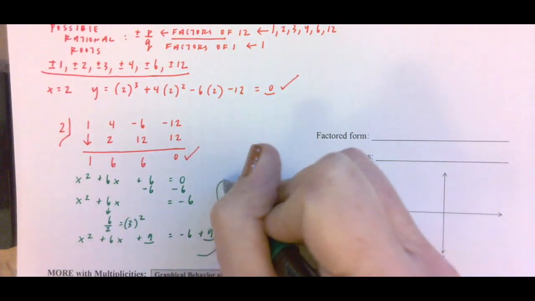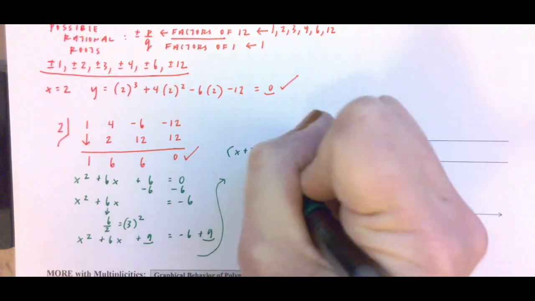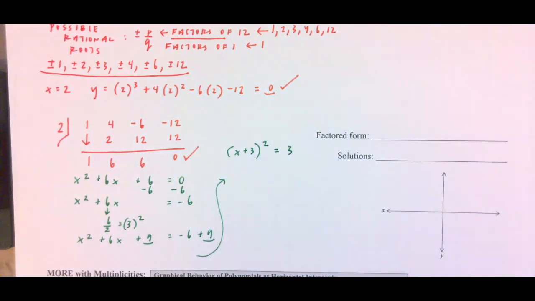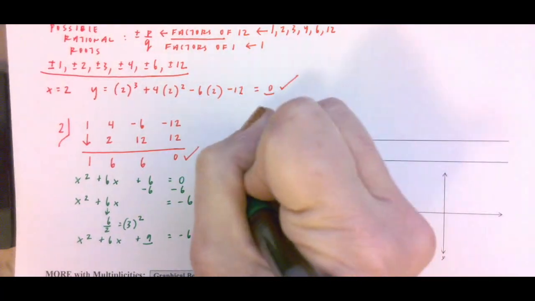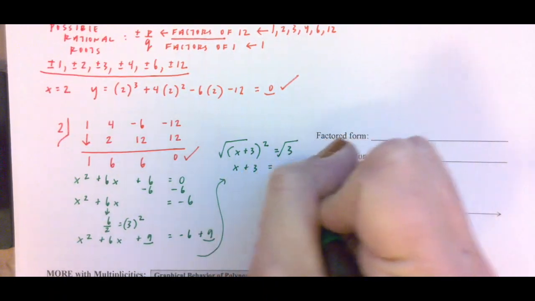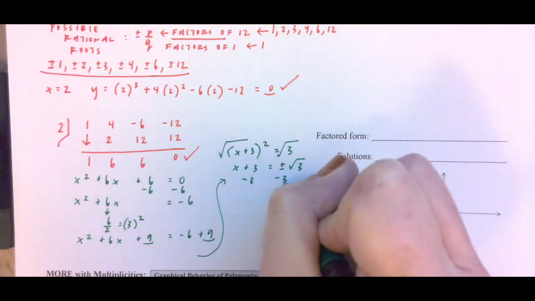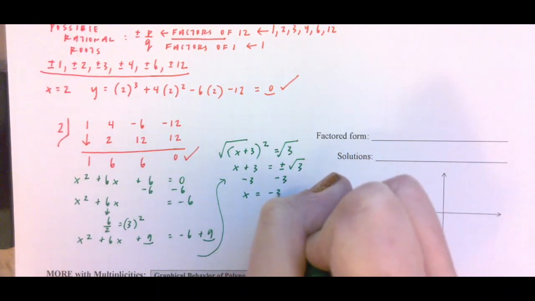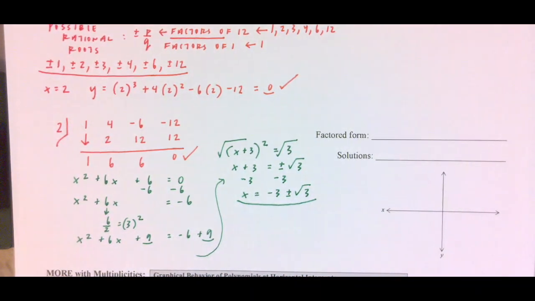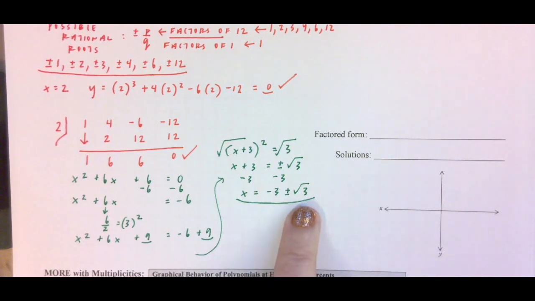Okay, if I keep going in here, I now have on the left x plus 3 as a quantity squared is equal to 3. Okay, and now I can solve by taking the square root here and here. X plus 3 equals plus or minus the square root of 3, and then take that 3 away. So I'm going to have a pair of solutions at negative 3 plus or minus the square root of 3.